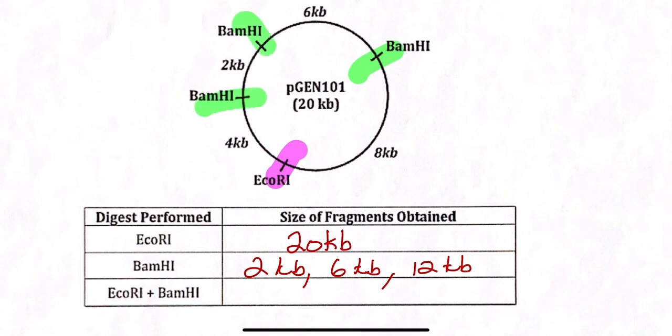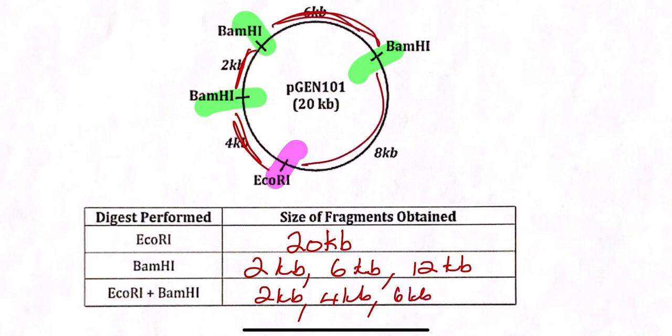So now we end up with 4 fragments. The smallest one is the 2 kb over here, and then we have a 4 on this side, and there is a 6 kb over there, and lastly we have a longer one, an 8 kb.